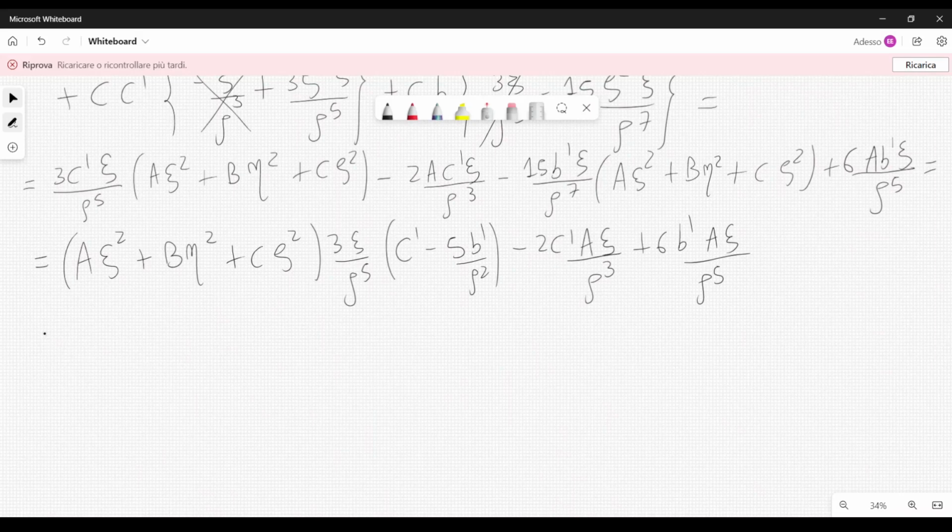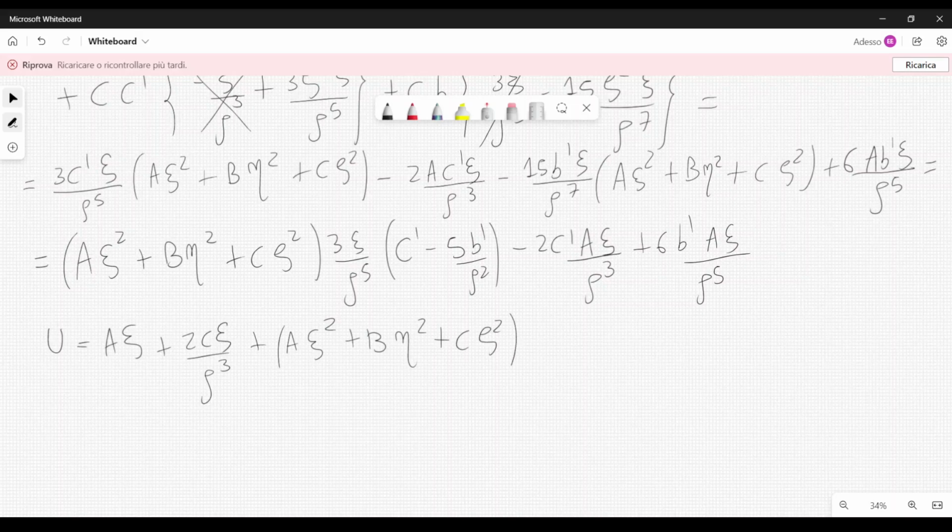So we have u equal to a xi plus 2c xi over rho cubed plus a xi squared plus b eta squared plus c zeta squared times 3 xi over rho to the fifth power times c prime minus 5b prime over rho squared, minus 2c prime a xi over rho cubed plus 6b prime a xi over rho to the fifth power.